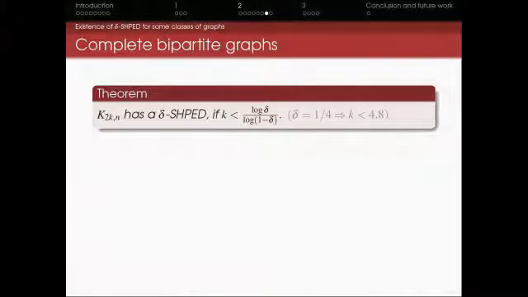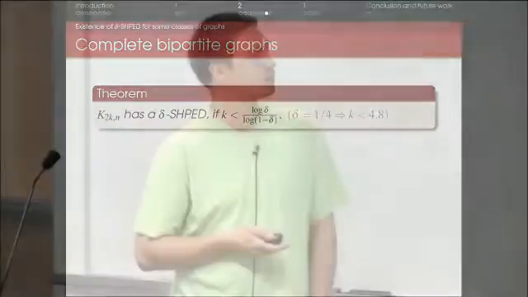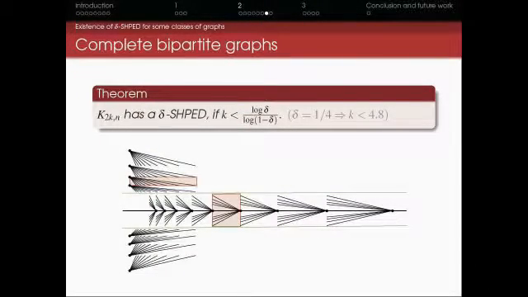So if we consider now the complete bipartite graph with 2k plus n vertices, we see there is a bound for k with a logarithm, so there is a top-on-top placement for the construction, as you see in the top and the bottom of this construction. And the remaining n vertices are placed on a horizontal line. In this case, if we have a ratio of a quarter, then this k is bounded by 4.8.